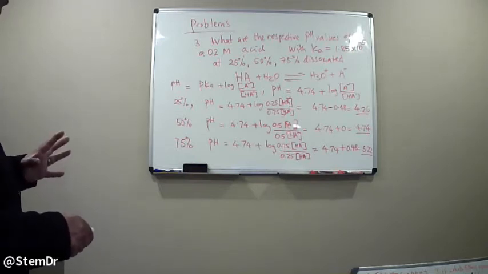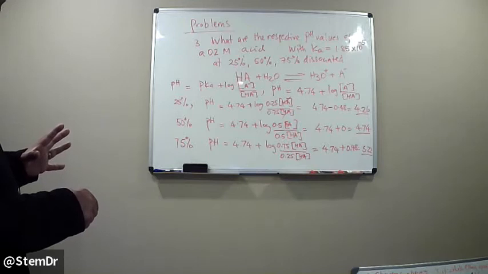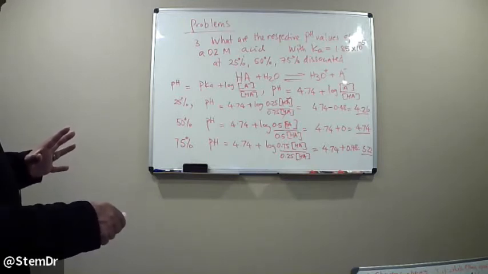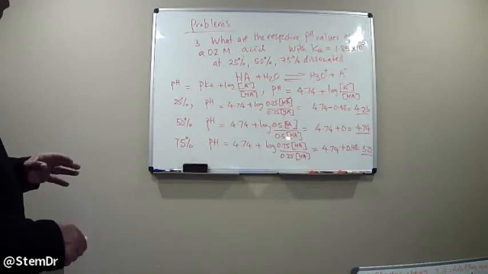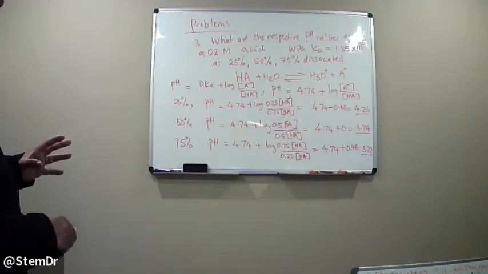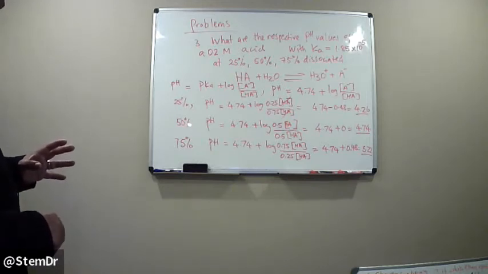At that point, when the 50% of this is dissociated to this, that means log 1. Log 1 is 0, therefore pH equals pKa actually. So at 50% dissociation, pH and pKa would become equal. So remember that.